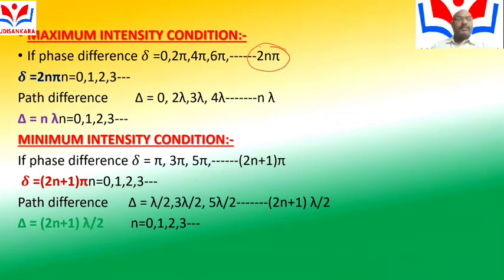The path difference is delta equal to n lambda: n equal to 0 gives path difference 0, n equal to 1 gives lambda, and so on. The minimum intensity condition is when the phase difference delta is equal to pi, 3 pi, 5 pi. That means (2n plus 1) times pi, and the path difference is (2n plus 1) lambda by 2.